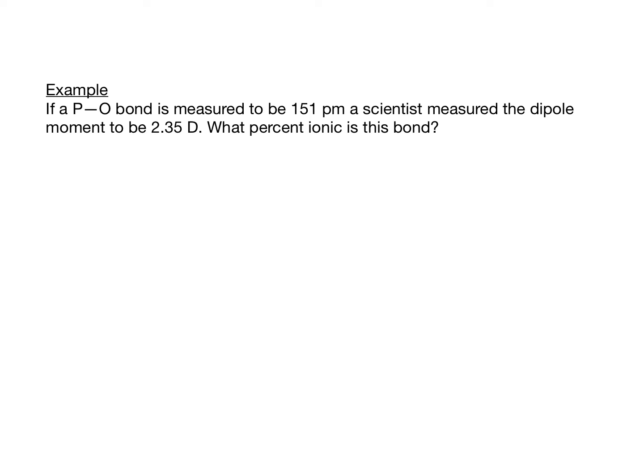So we need to calculate what it would be if we had a fully separate P plus O minus. In this case, mu equals QR, which is 1.60 times 10 to the negative 19 coulombs times 151 picometers.